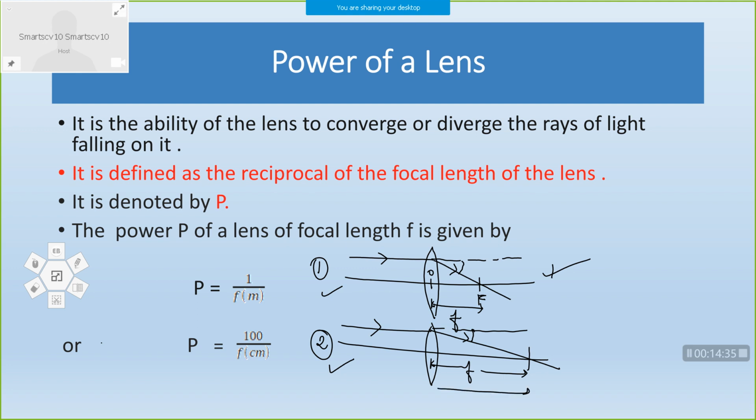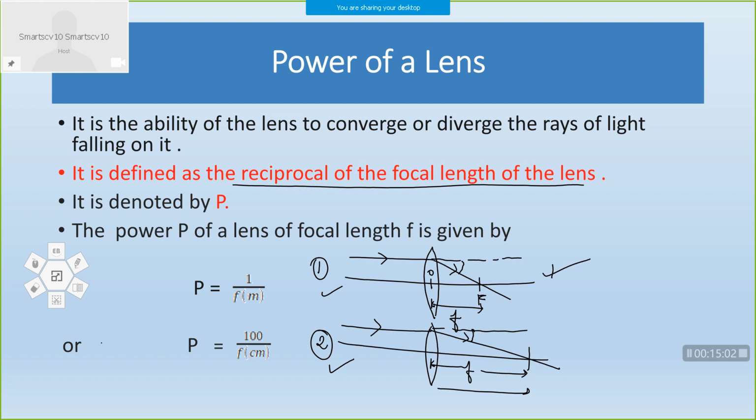So that's the relation between power of the lens and focal length. Power and focal length are inversely proportional. By definition, power is the reciprocal of the focal length of the lens. Power is inversely proportional to focal length, and focal length is inversely proportional to power.